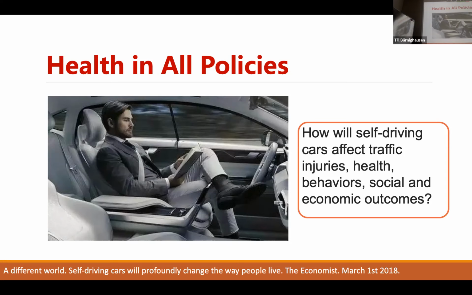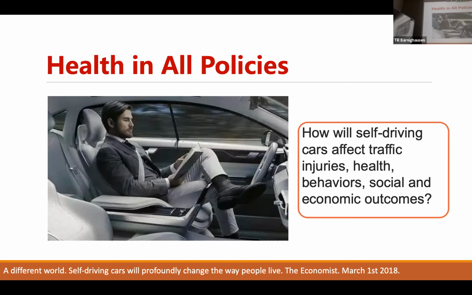Now, some people don't know how to drive a car or have other reasons, but if they have self-driving cars, they may use them more often, and because it's convenient, it may increase the sedentary frequency for this person. So he may be more sedentary or have other behaviors affected. So it may also affect health through behavior change.